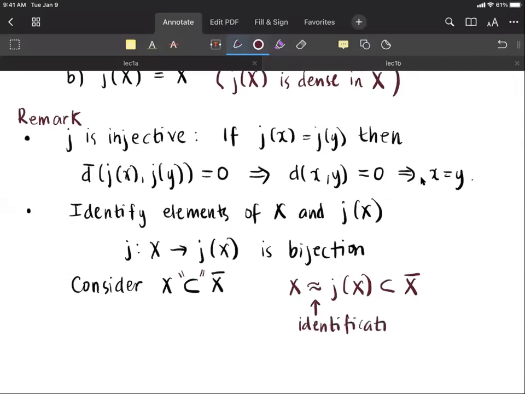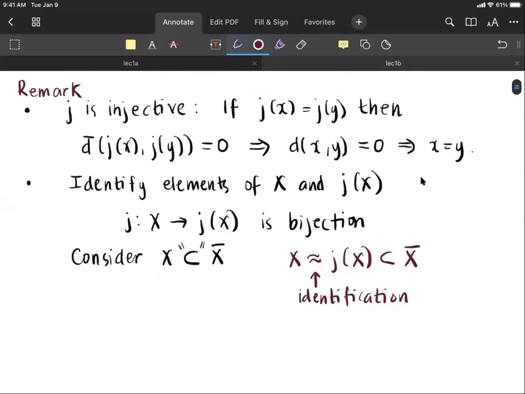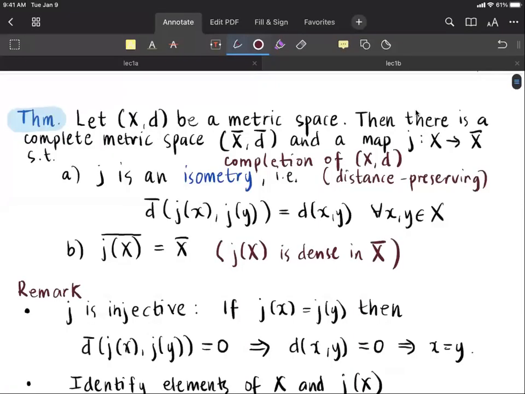So this identification means that x is identified with the image of that point x with respect to J. And this identification is well defined because the map is a bijective function. So with that, let us look at the proof of the theorem.